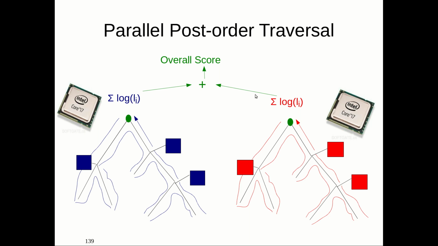In the end, they only need to communicate once to compute the sum over those 2 partial sums. This is just one summation operation to obtain the overall log likelihood score. So if we do it in a slightly more involved way, we can avoid a lot of synchronization points.